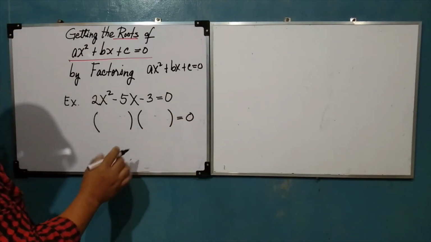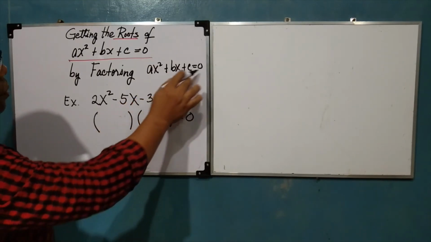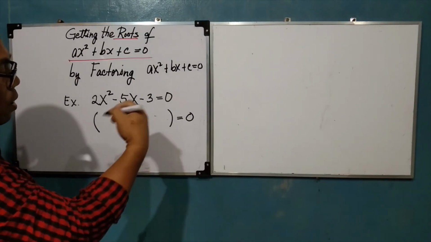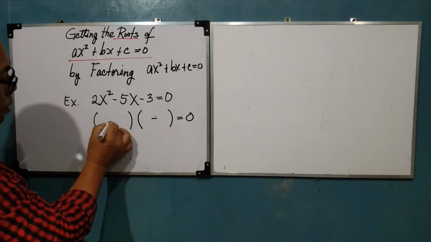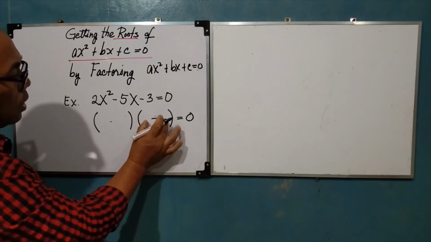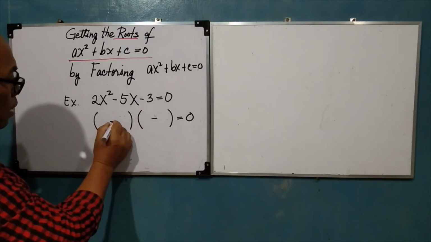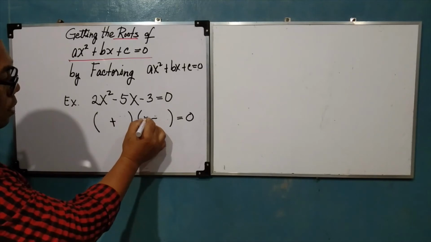Since this is the third term of this quadratic equation, the c value is negative. It is to be understood that one factor has subtraction and the other has addition. So I have to write it here, x.